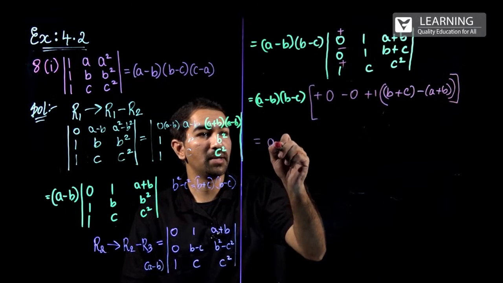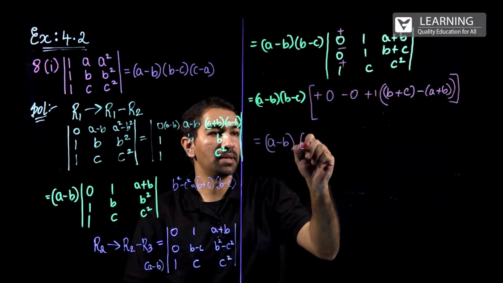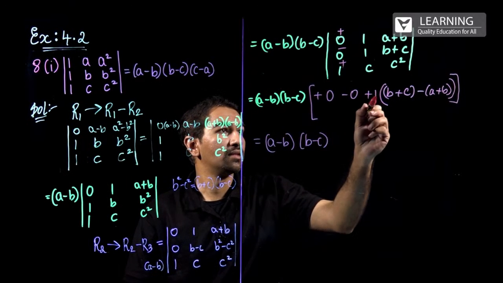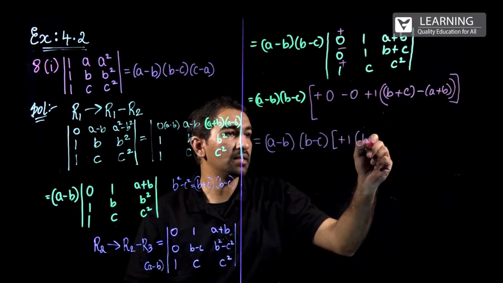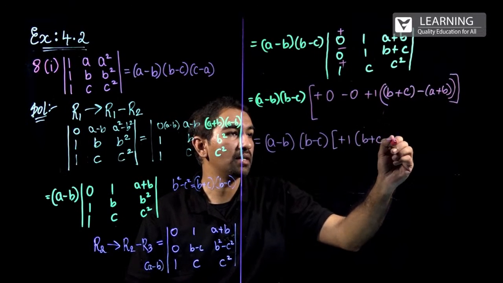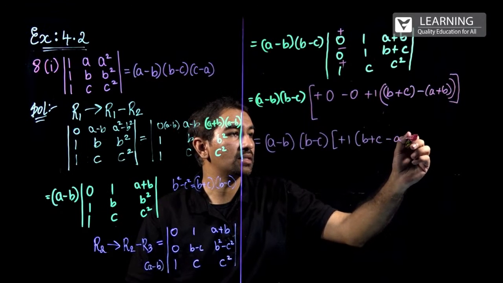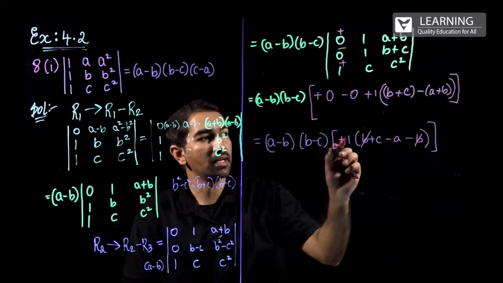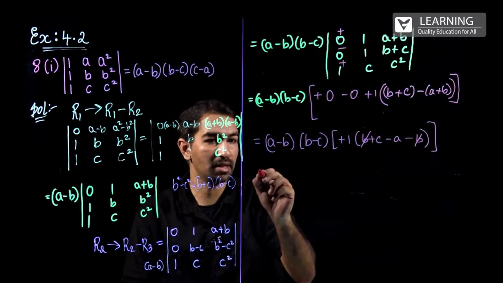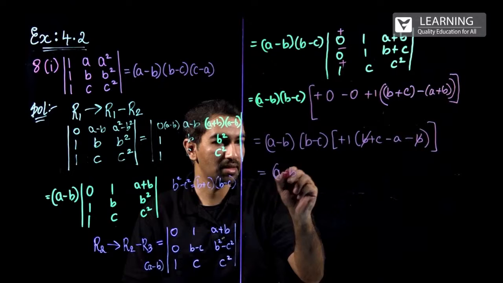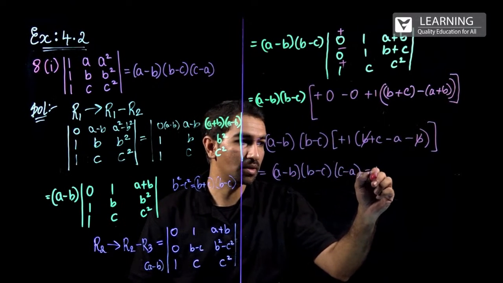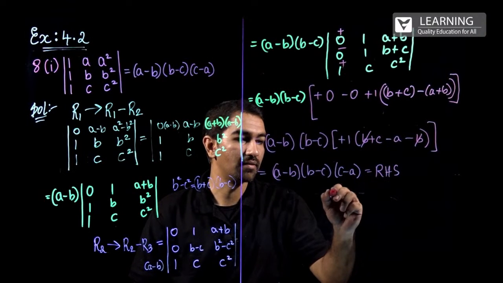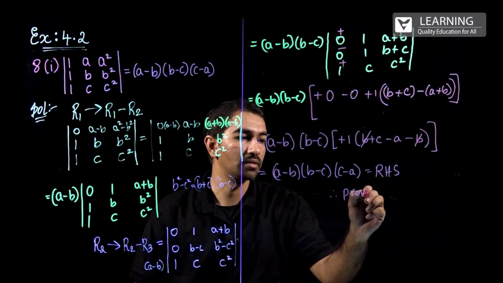So here we have a minus b, b minus c, of plus 1, b plus c, distribute this minus sign, minus a minus b, plus b and minus b will get cancelled. What is remaining? c minus a into 1 is c minus a only, which is equal to a minus b, b minus c, and c minus a, which is equal to the right hand side. Therefore, proved.